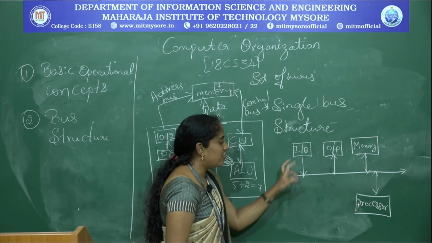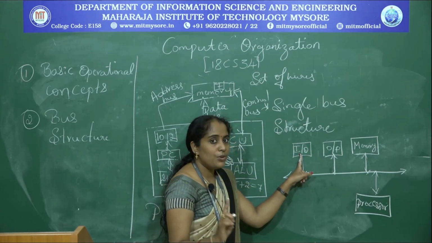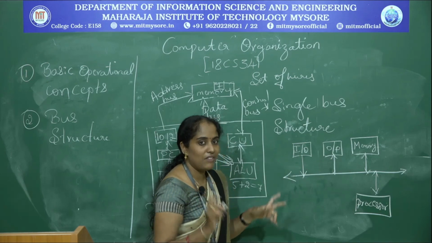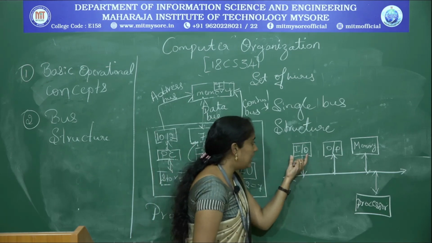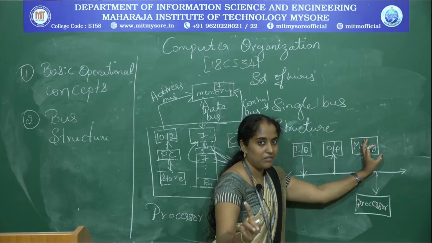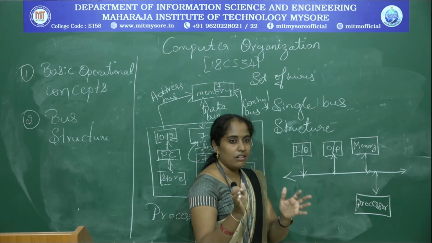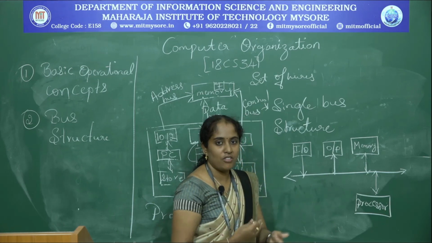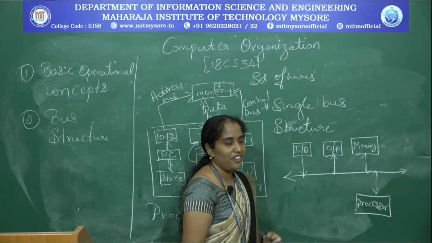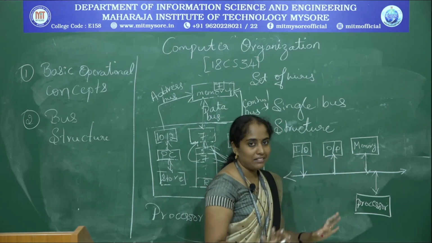In a single bus structure only two devices can be active at a time. For example, if you need to enter A and B values, only the input device and the memory will be active. In the same way, if you need to print 5 pages of a PDF file, only the memory and the output unit will be active.